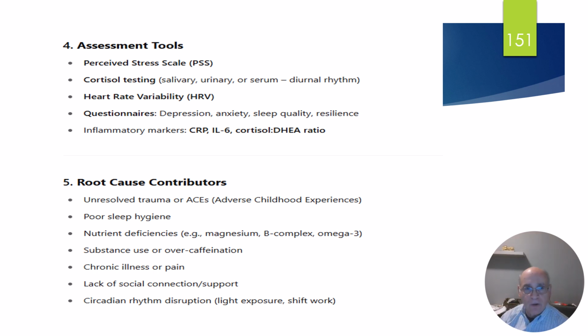Tools that you have: there are various stress tools online to evaluate a person's stress. These are assessment tools where you can gauge based upon life experience, like number one, the most stressful, loss of a loved one. You can do cortisol testing in saliva, you can do Dutch testing through urine, and you can do serum testing.